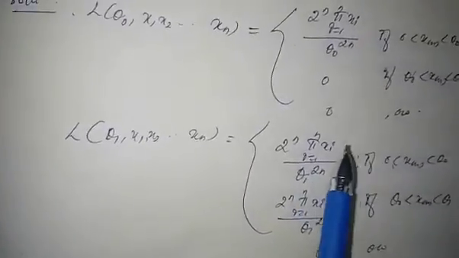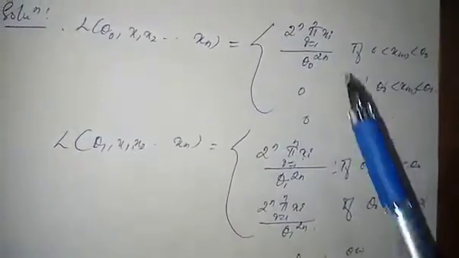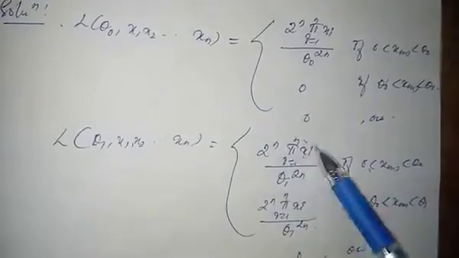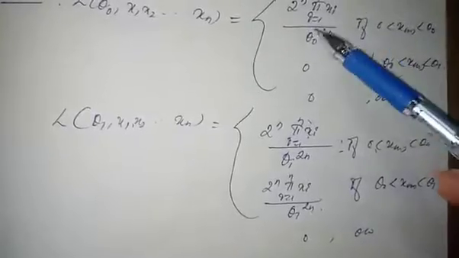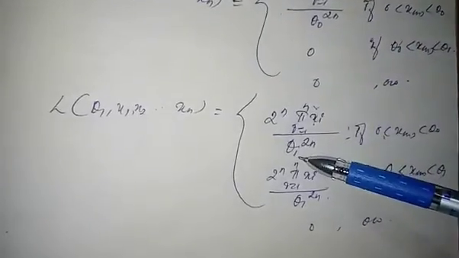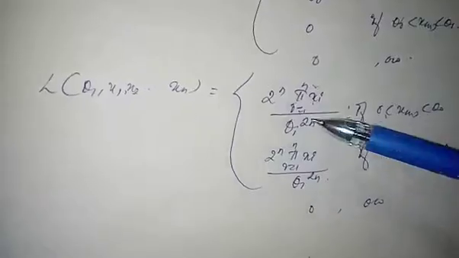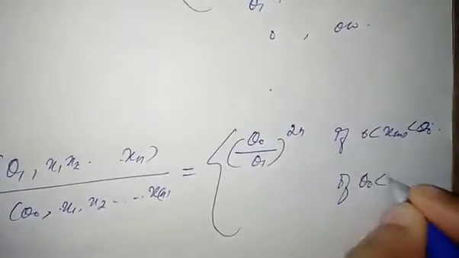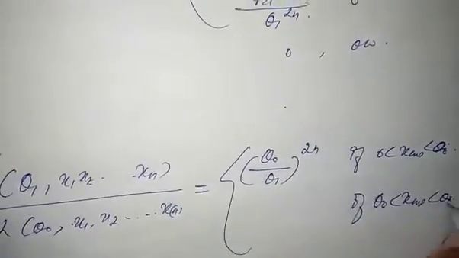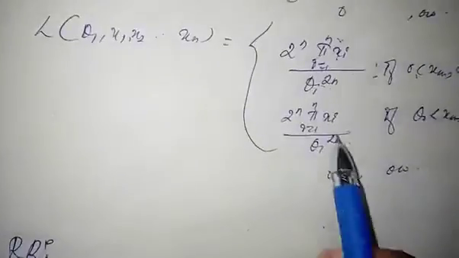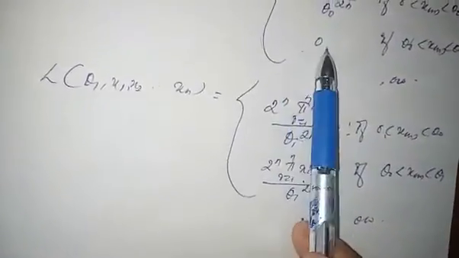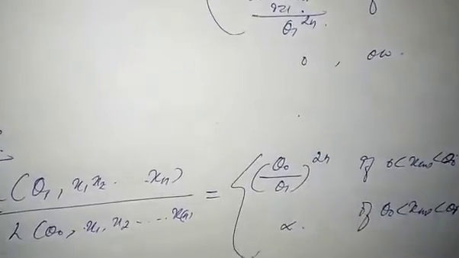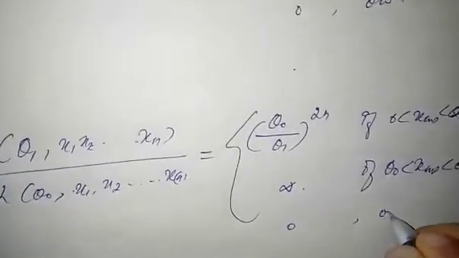Here we divide these terms, and the common terms get cancelled, so only the terms 1 by theta naught power 2n and 1 by theta 1 power 2n remain. Then we can write that as theta naught divided by theta 1 power 2n. And if theta naught < xn < theta 1, then what is the ratio? That is this term divided by 0, which is infinite, and 0 otherwise.